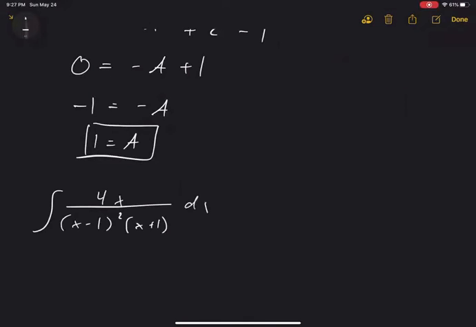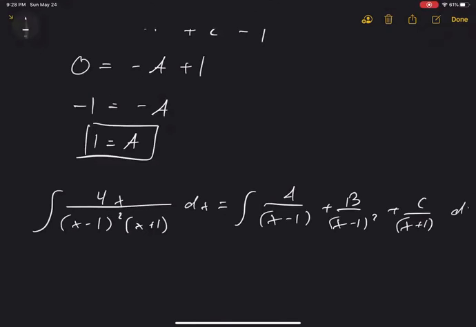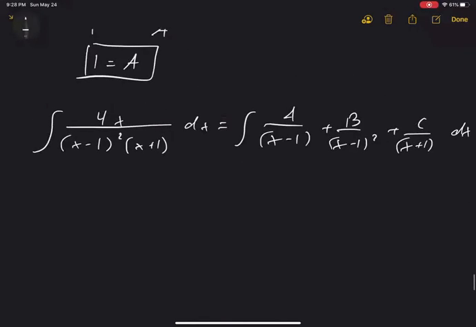And we said that was equal to a over x minus 1 plus b over x minus 1 squared plus c over x plus 1. And then we figured out what a, b, and c are. They're equal to 1, 2, and negative 1.